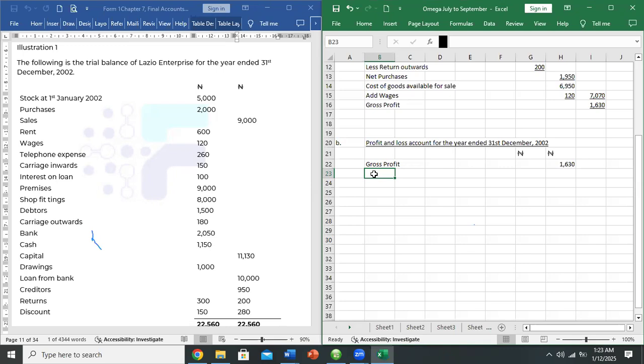Okay, we add other income. So can you assist me to identify the other income in the trial balance? If you see one, you can just unmute and mention it to the class.